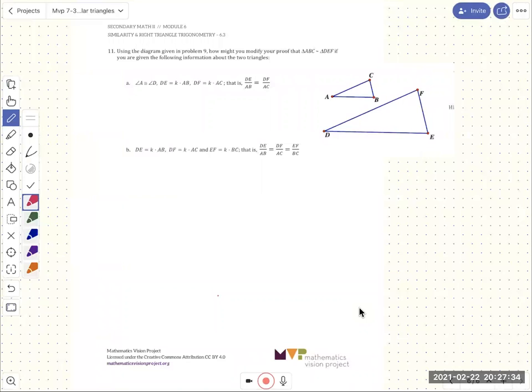We've got angle A equivalent to angle D, and DE is the same factor bigger than AB as AC is bigger than DF. And those seem to be corresponding if we look at them.